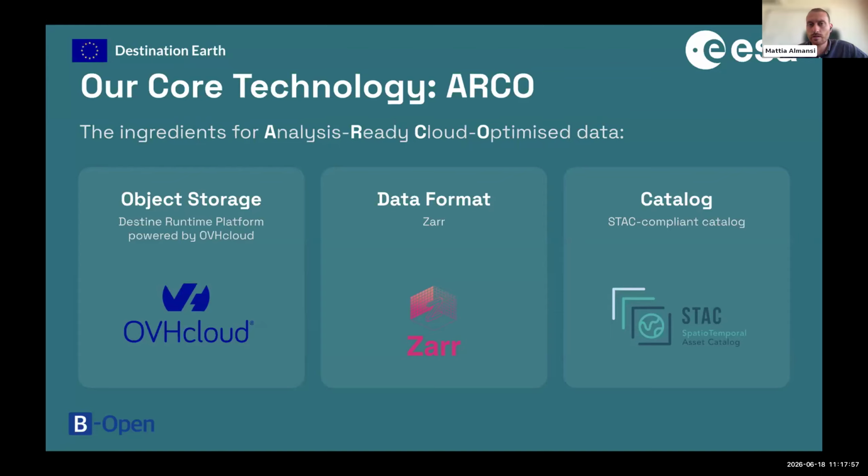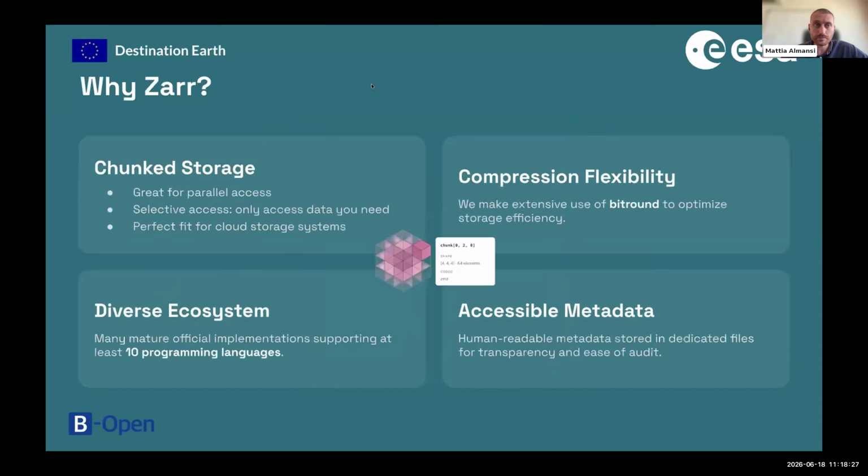There are many formats that can be picked for distributing data, and Zarr is really a great one. I have a full slide later to tell you a bit more about why we decided to use Zarr. And finally, we try to align as much as possible with the new technologies and standards that are emerging, and STAC is one of them. So we have a catalog that is fully compliant with STAC, the Spatial Temporal Asset Catalog.